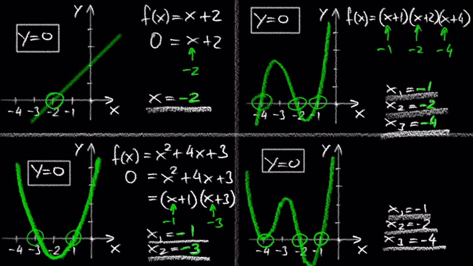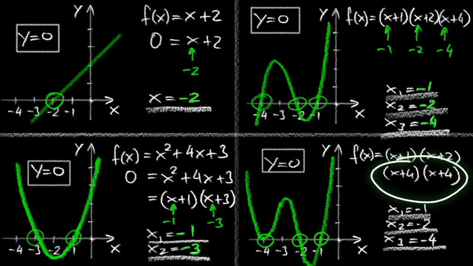And in the fourth example, the function must be f of x equals x plus 1 in parentheses times x plus 2 in parentheses times x plus 4 in parentheses times x plus 4 in parentheses. Note that we have a repeated root here, which is -4.